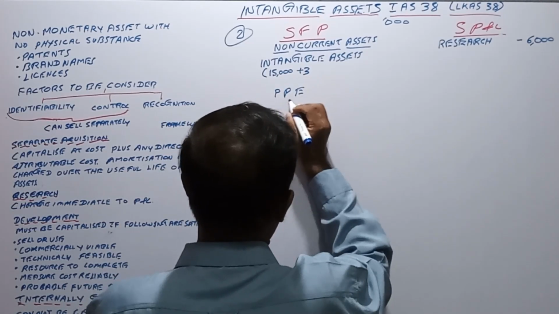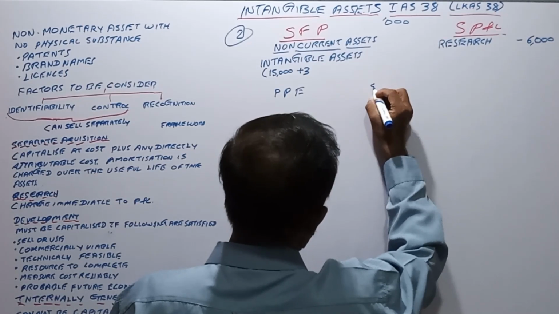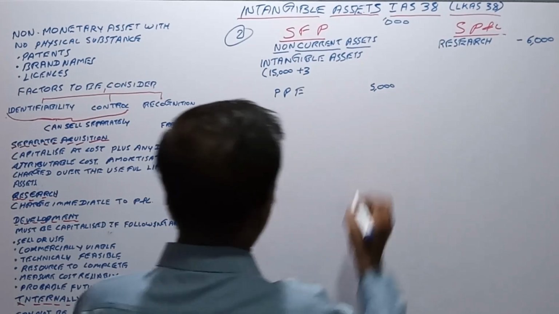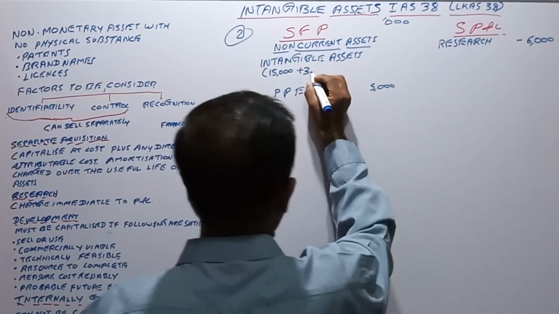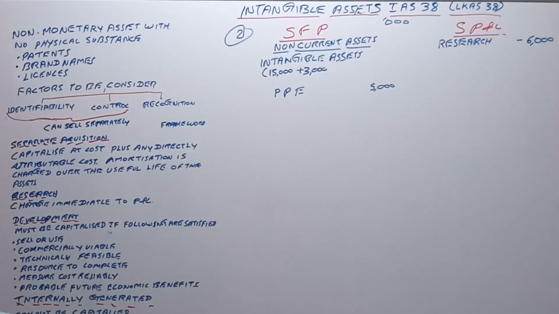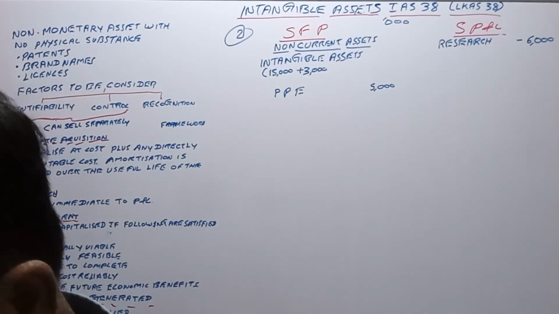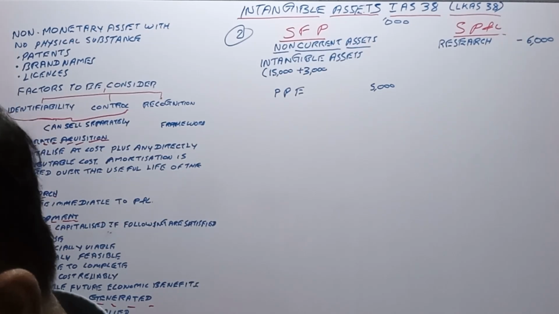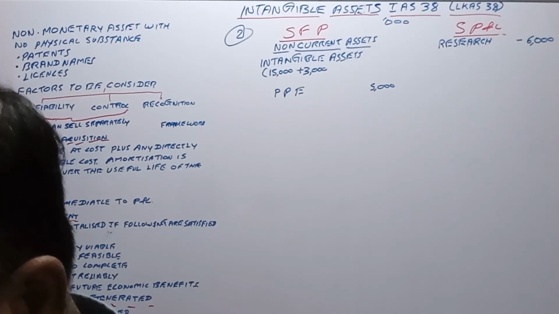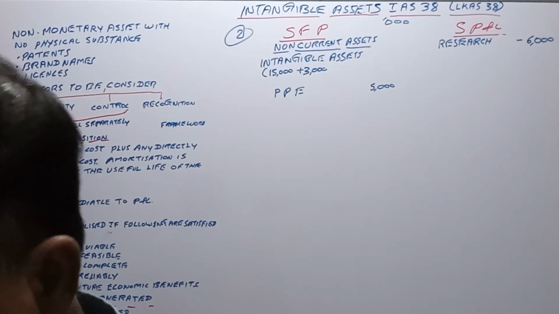You say 5 million, and this 3 million, both together 8 million.